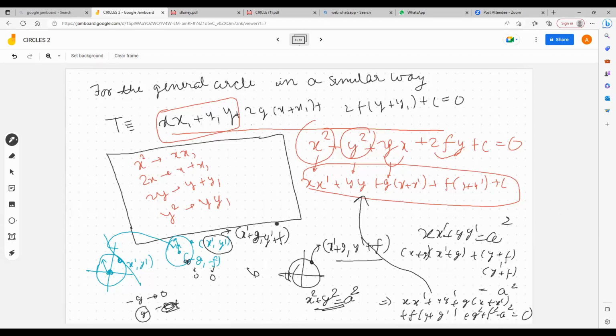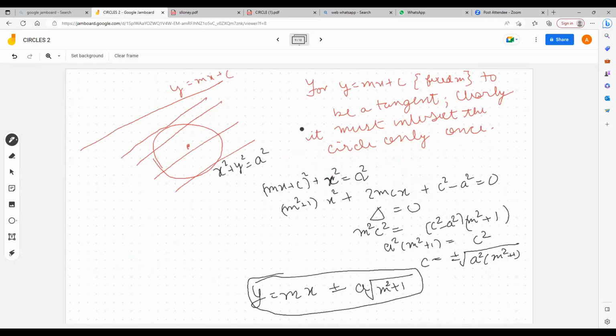If you take some point x comma y in this coordinate plane, you need to find the equation of the straight line. Suppose this is the tangent, and this point x comma y lies in this plane. So when it gets transferred here, it becomes x plus g comma y plus f. That's why we are using x plus g and y plus f.